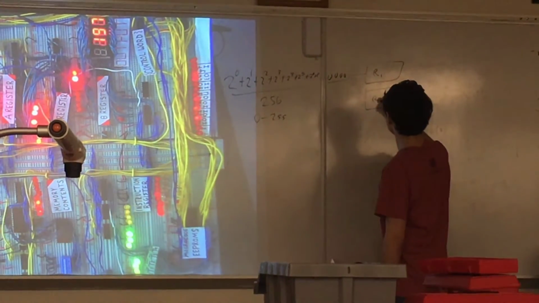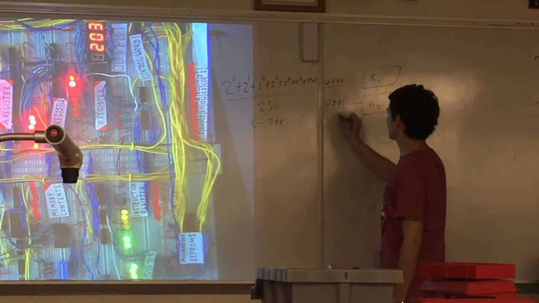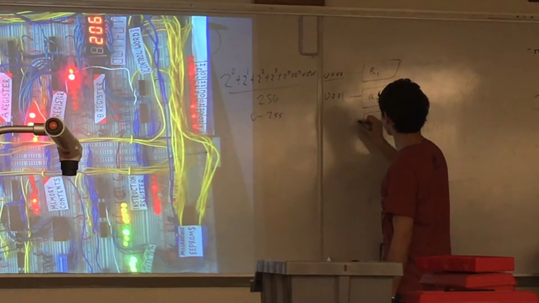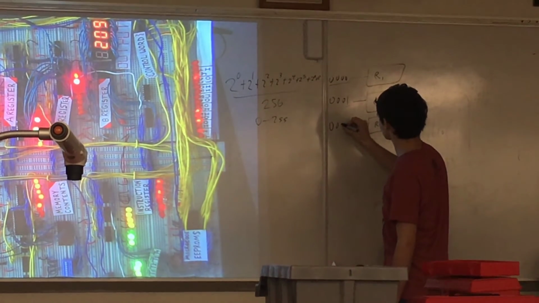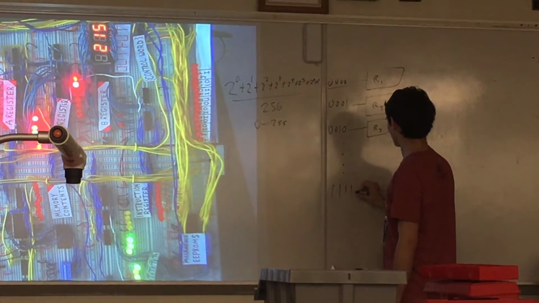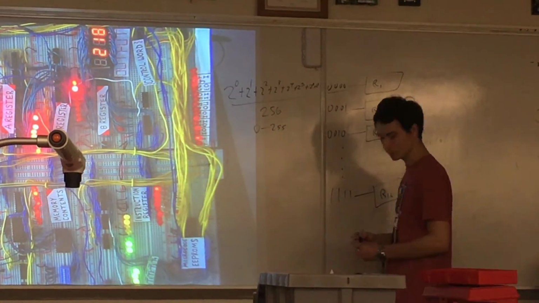If you have register 2, and you have everything except this one being the 1, it's going to activate that one. Register 3 would be connected to 0010, so on until you get 1111. And you're going to have register 16.